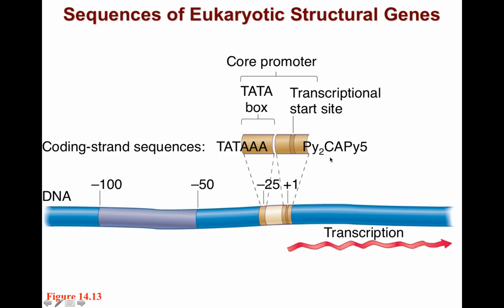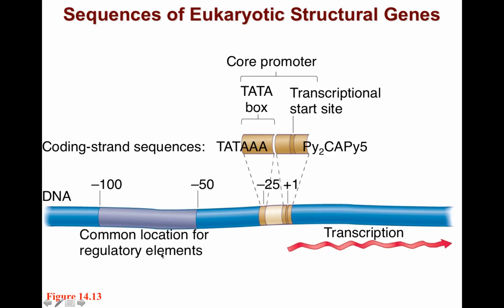There's a transcriptional start site, and this is the consensus sequence here where you have 2 pyrimidines, a C, an A, and then 5 pyrimidines in a row surrounding the transcriptional start site. And many factors bind in this region of -10 to -100.